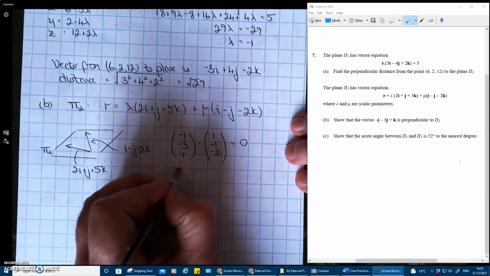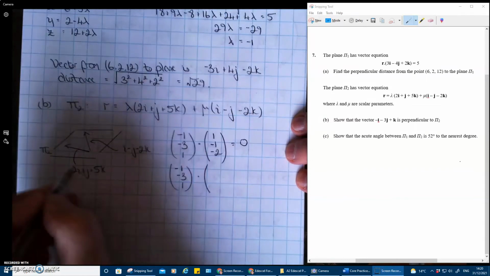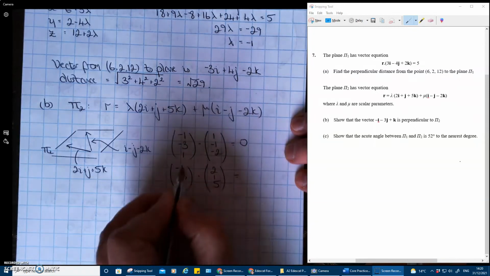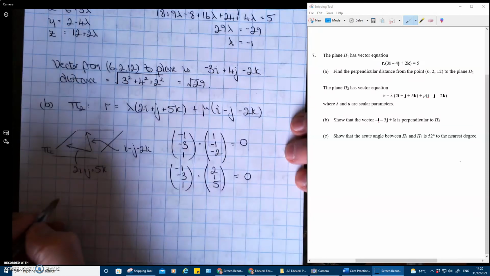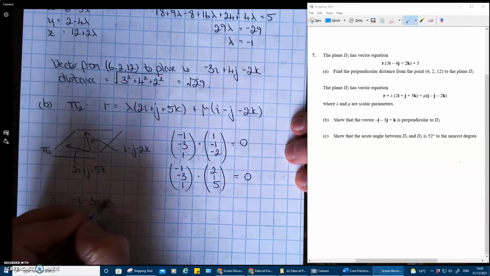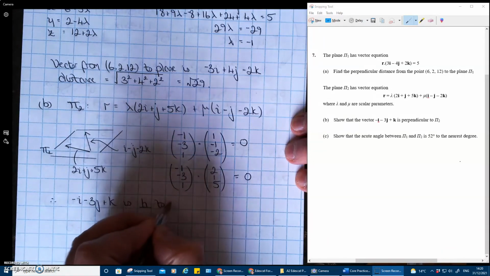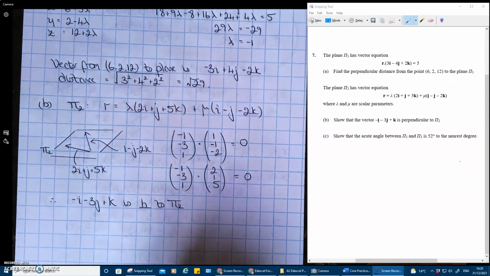So again, minus 1, minus 3, 1. I'm going to show it's perpendicular to 2, 1, 5. Get minus 2 minus 3 plus 5 is 0. So therefore, minus i minus 3j plus k is perpendicular to pi2. So in other words, that is the normal, that is the n.